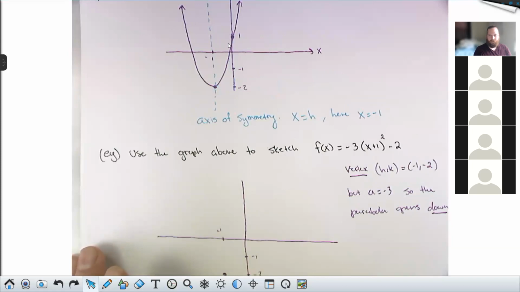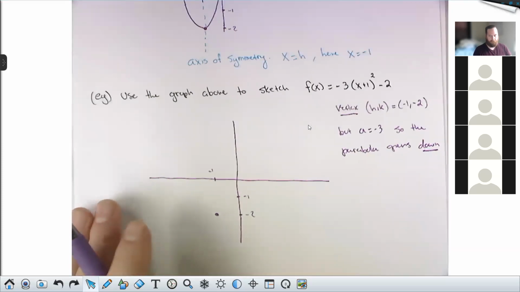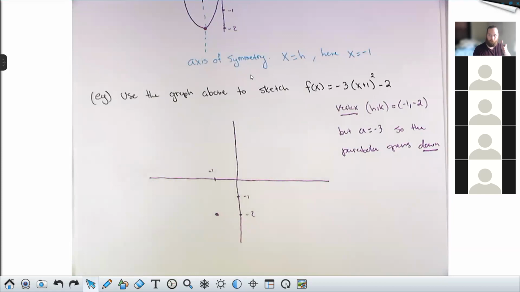This only makes sense if your vertex has integer coordinates. You can get in a lot of trouble if you apply this rule in general, but that's what the tutors will tell you. I would say the best way to find a is by plugging in a point that you know is on the graph and solving for it. But it's also the vertical step from the vertex to a point 1 x-coordinate over.